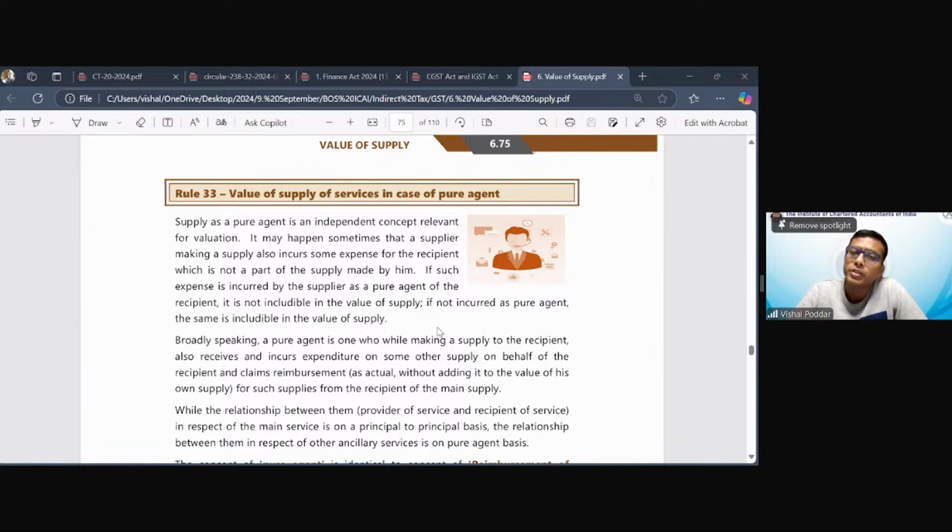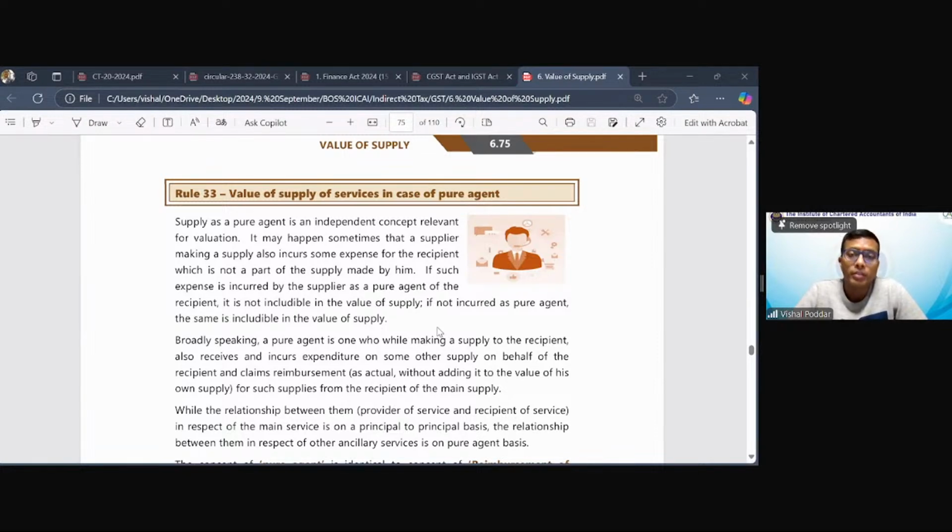Now the question is, when GST is to be calculated, whether GST would be calculated on 25,000 or 35,000? The answer is, GST would be calculated on 25,000. Reason, now pay attention, when I paid this 10,000, which I'm now recovering from you today, I paid it on your behalf as your agent.